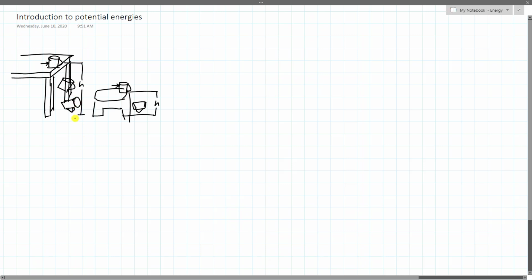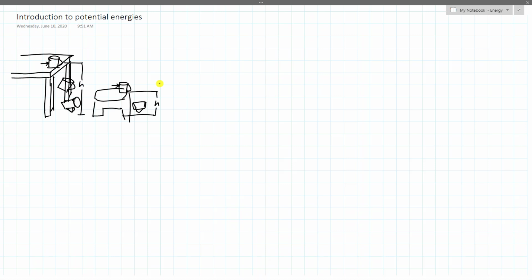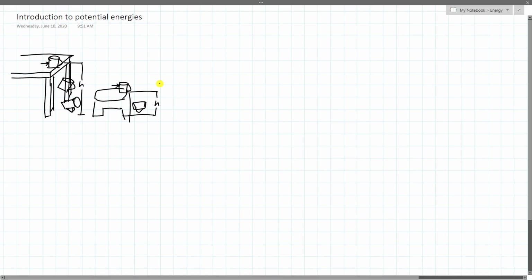The more gravity will accelerate it, the faster speed the object is at the end of that travel. So we classify potential energy in this situation as gravitational potential energy because gravity would actually do the work to make the coffee mug accelerate to give it its kinetic energy.